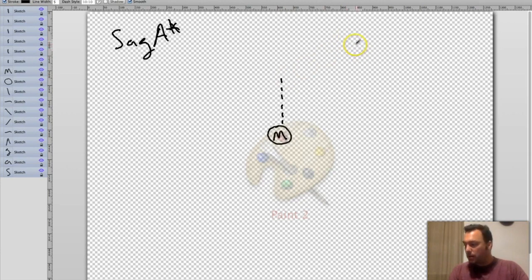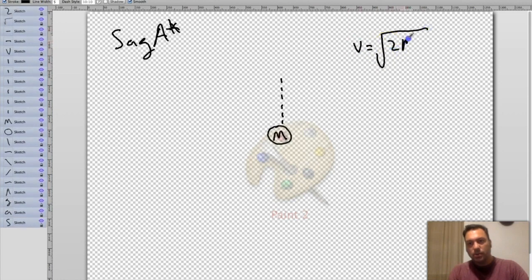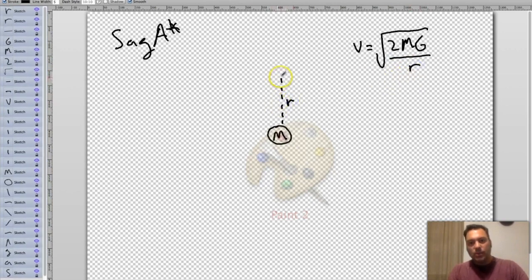Now let's remember what our equation is. V equals the square root of 2MG over r. So there's some radius distance at which the velocity is less than the speed of light.